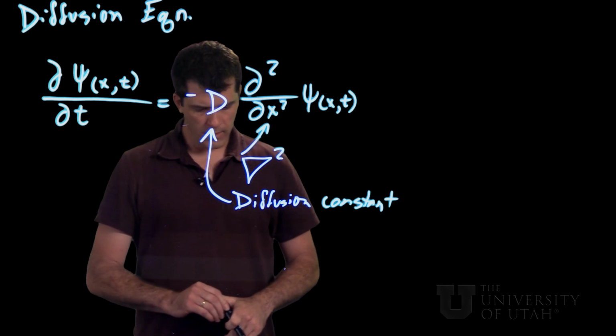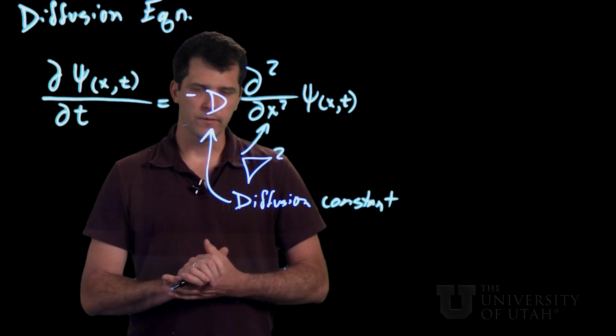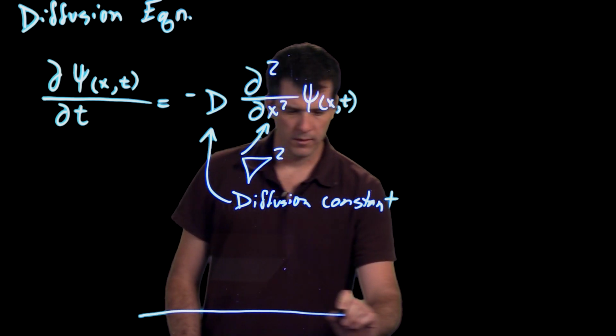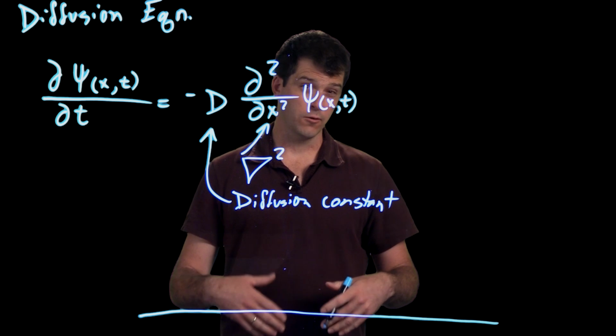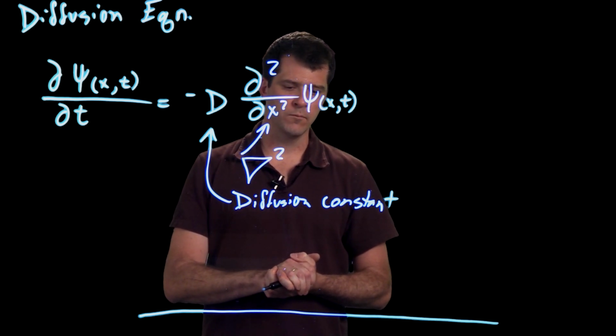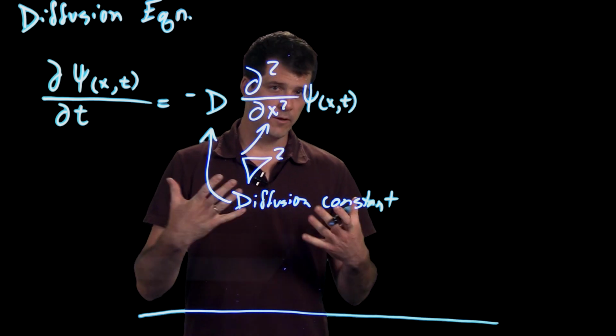Okay, and let me draw the behavior of something diffusing, and what we'll do is we'll talk about the Green's function for diffusion, or the kernel for the diffusion equation. And that means the response in a homogeneous area to an impulse.